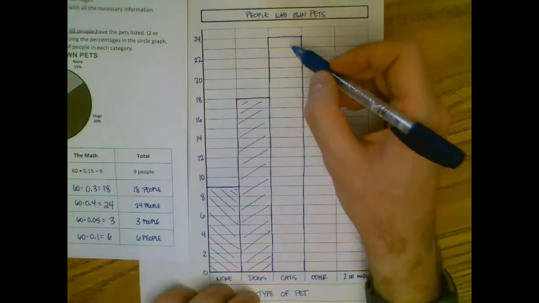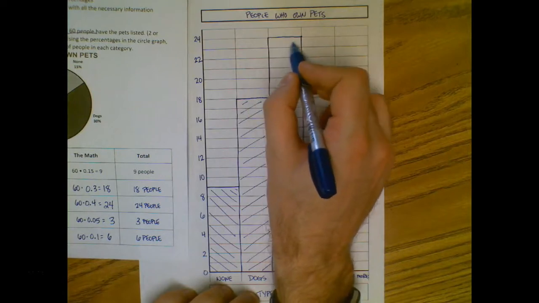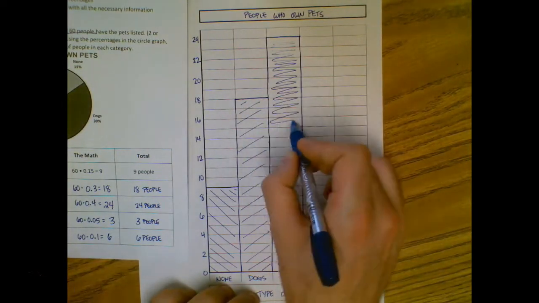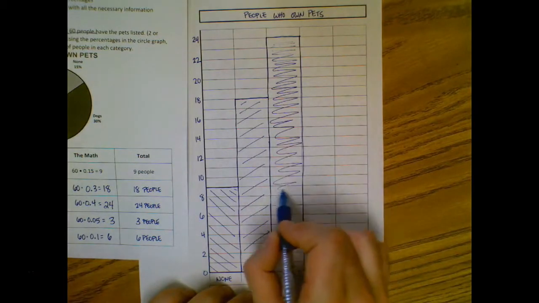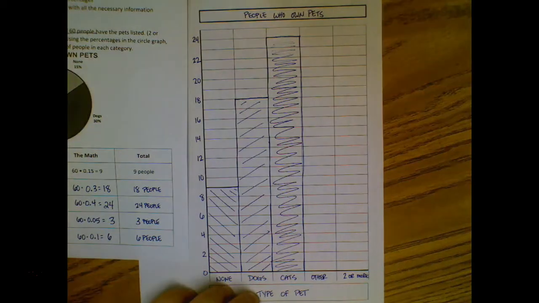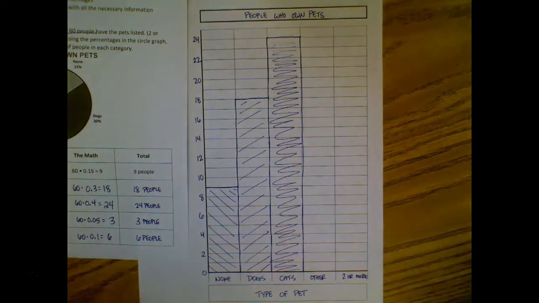But what I'm going to do is I'm going to just do it a little bit differently, and I'm going to sideways shade it a little bit. Okay, so cats is my sideways shade there. Just another way to show the difference between your data stuff.